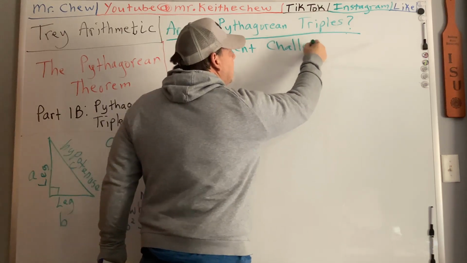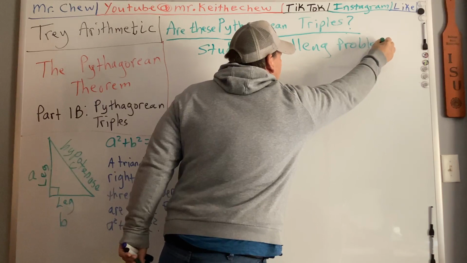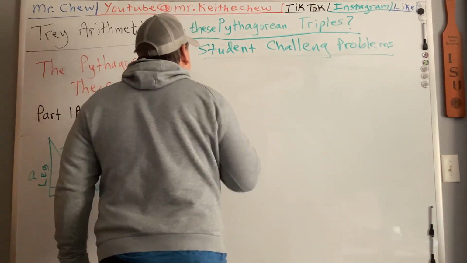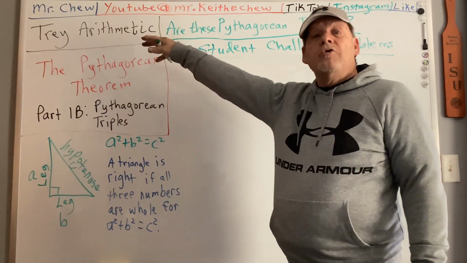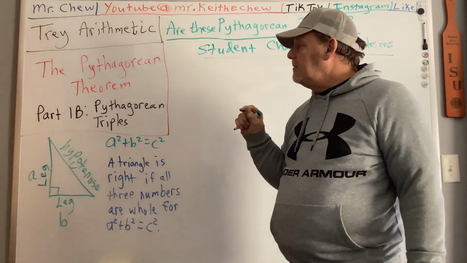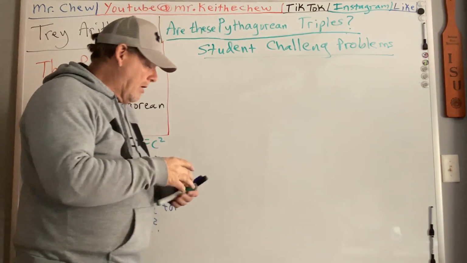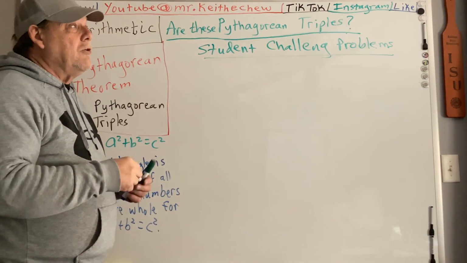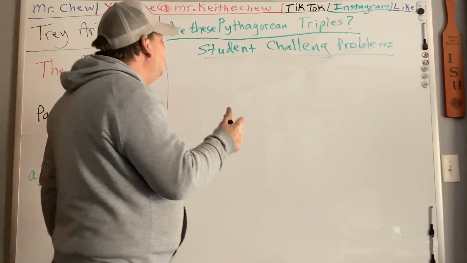You can write these down on a piece of paper, and then there will be a link at the end of the video, up at the top, where you can check and see if you did them right. There will be a link at the bottom to a playlist of all the different videos we've had about the Pythagorean Theorem.